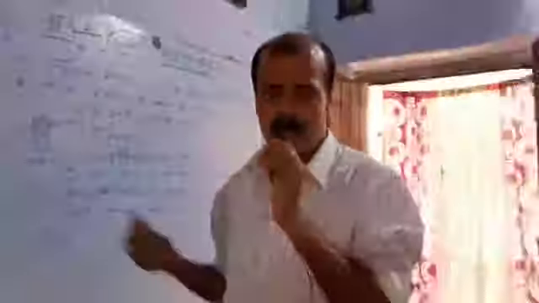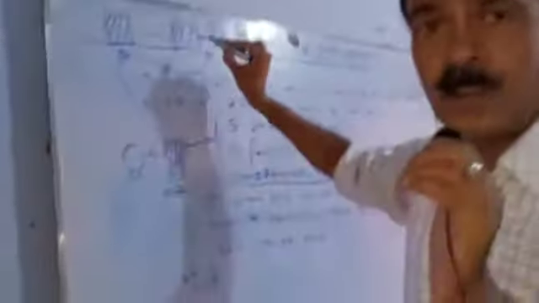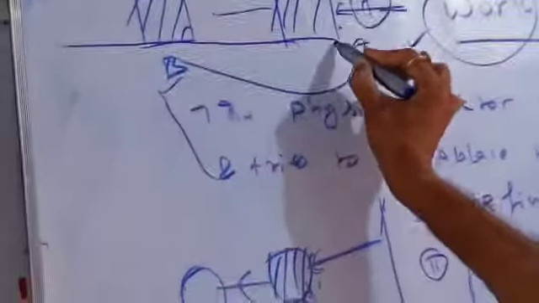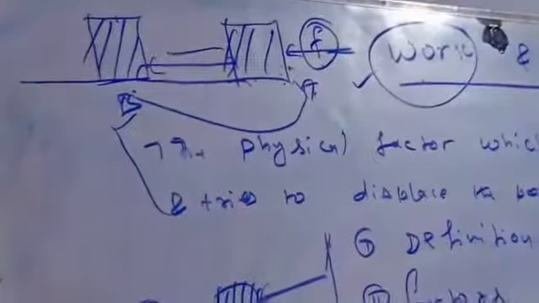Now the second definition. It is very easy to understand. This force, of a certain magnitude, changing the position from A to B is called displacement. It is also called distance.